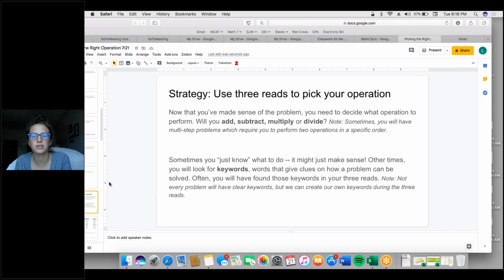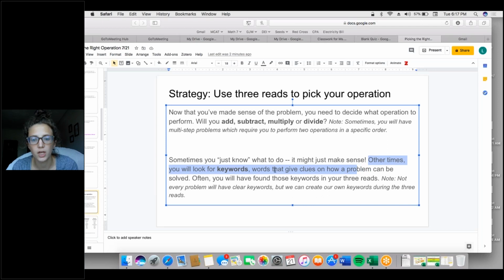It's not like you read it once and you're like, wait, what? You've spent a lot of time with it, so you might just know what to do. It might make sense. But other times it might not be as clear, so we still have strategies. And our big strategy here is that other times we are going to look for keywords, which are words that give clues on how a problem can be solved.